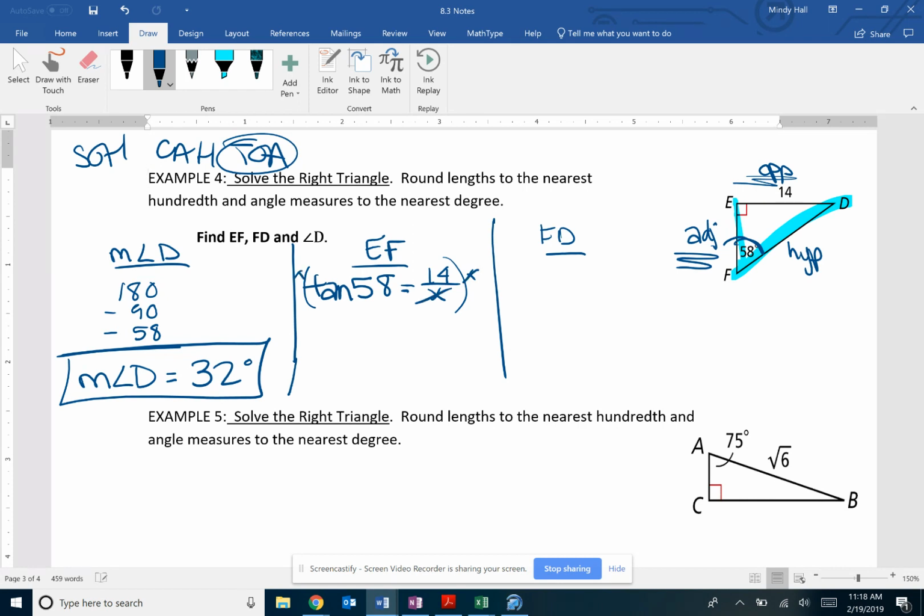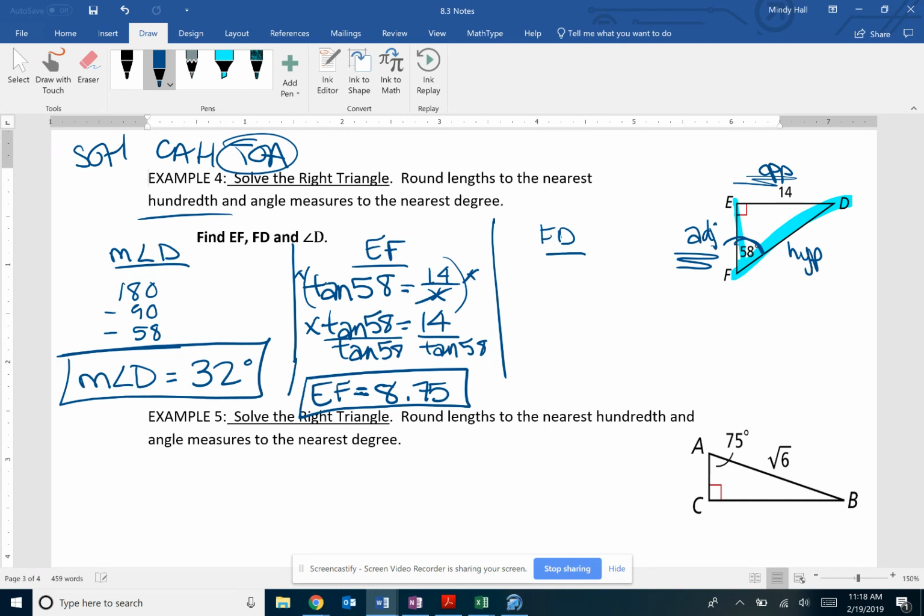Multiply both sides by x to cancel it out, and then divide by the tangent of 58. So then 14 divided by the tangent of 58 is 8.748. And actually I'm going to change this to EF. And they want it to the nearest hundredth. So it's 7.748. Because of that 8 right here, we're going to have to round up to 7.75.